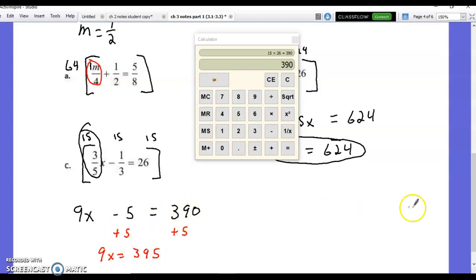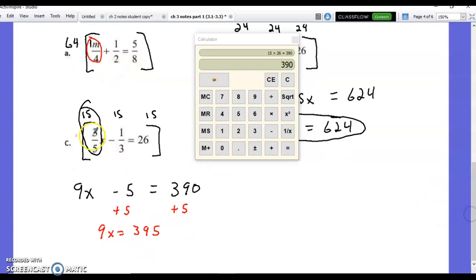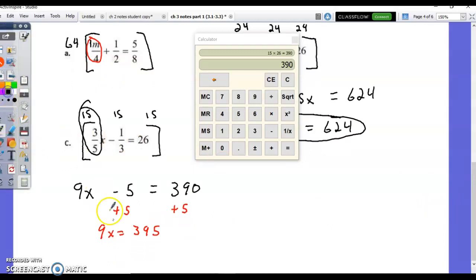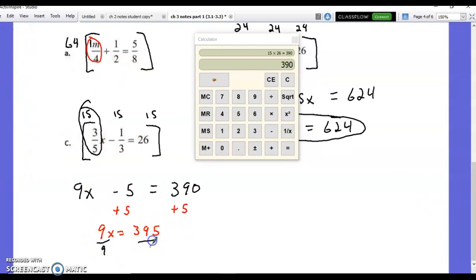Then my final step would be to divide by 9. So 395 divided by 9 equals 43.888888 repeating. So x equals 43.8 repeating.